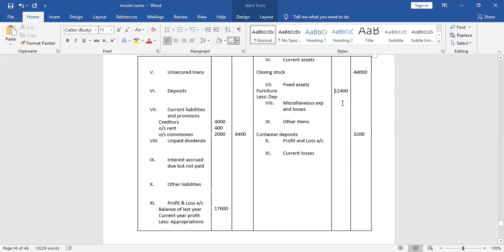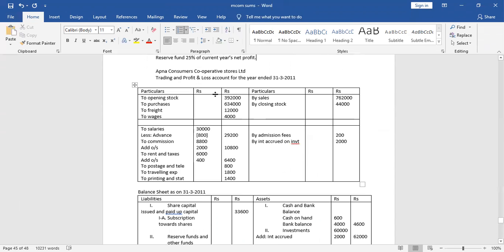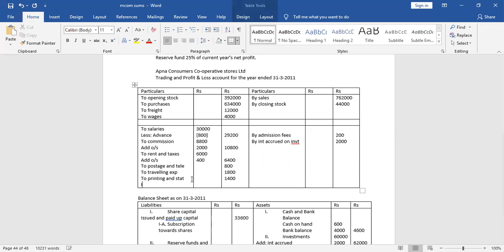Depreciation 10% will become 1,240, correct? So minus it. How much will you get? 11,160. And the second effect for depreciation has to be given: to depreciation 1,240. This is also done.